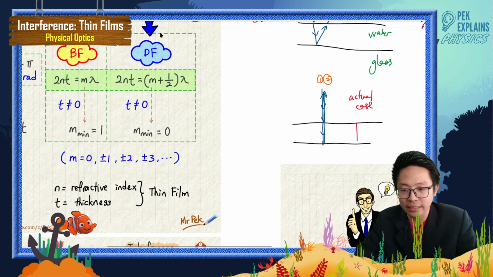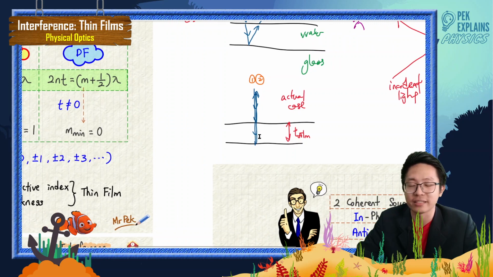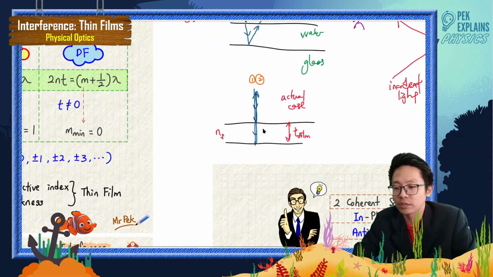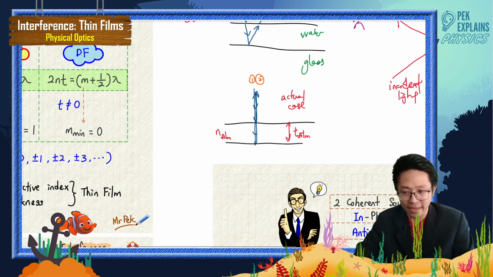This is the thickness of the thin film. The extra distance traveled by the second light is actually 2 times the thickness. And this is the refractive index of the thin film. Okay. That's why I still tell you about the actual case. I have a reason for it.